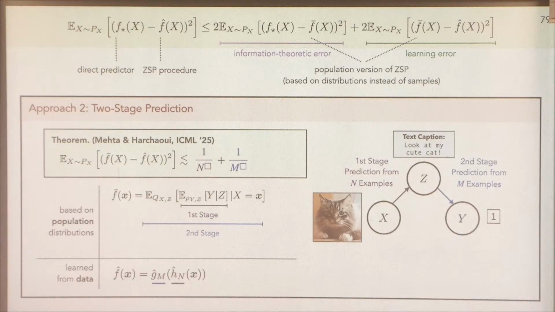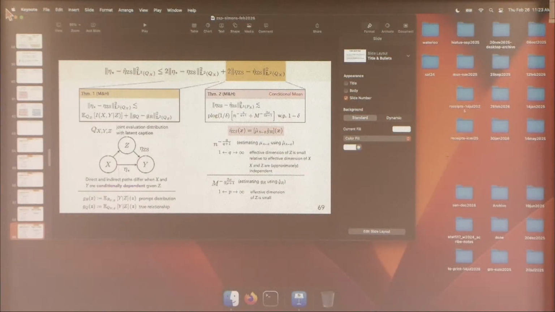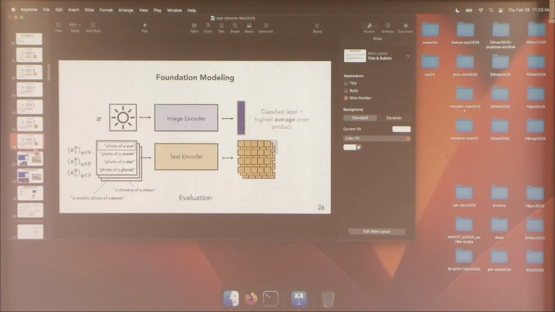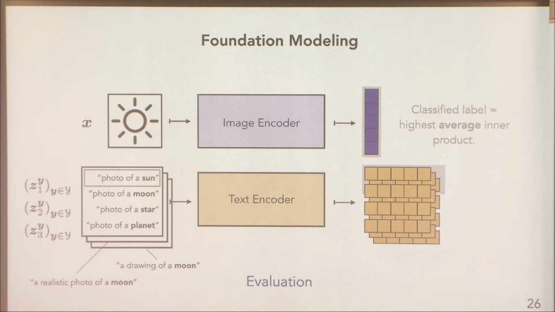Yes. I didn't quite follow what M is. What are the type of examples? So let me go back to, if you forgive me, the beginning. So M is how many sentences you use to describe the concept that you're trying to capture at prediction time.